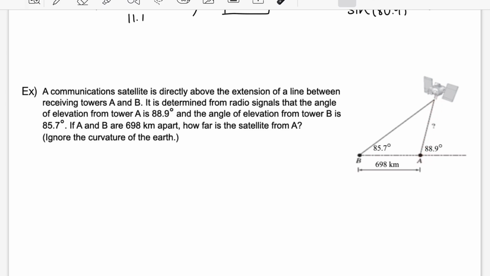So what we're going to do is label this diagram a little bit better and figure out what we need to find. So since this is angle A here, this is going to be side length A. Since this is angle B here, this will be side length B. And we'll call this angle C here, so this will be side length C. All right, now notice we technically have two angles for A here.